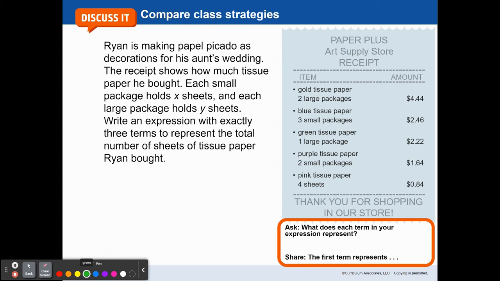So if we have 2 of that unknown amount, then if we were to multiply that together, 2 times that unknown, and this is a large package, so the unknown is a Y. We see that from our problem, right? So if I multiply that together, it would give me how many gold tissue papers I have. All right.